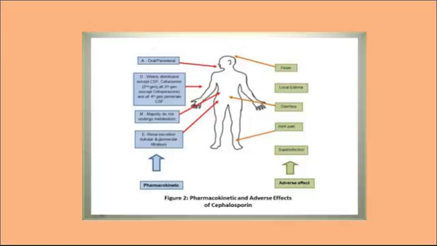Interesting here, and I did not even know this, your text talks about cephalosporin: a fungus called Cephalosporium acremonium was discovered in seawater at a sewer outlet off the coast of Sardinia.